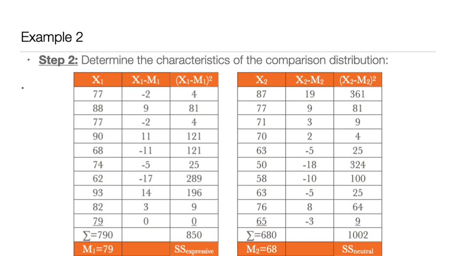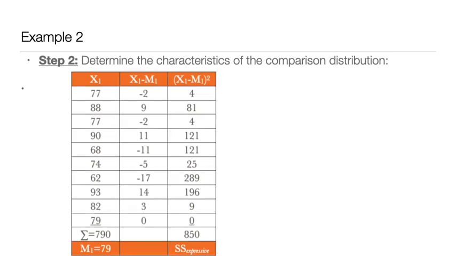Once we have those sums of squared calculated, we can use those to estimate our variance for each sample. Again, this is an independent groups t-test. So first we have to calculate each of these independently. We calculated the sums of squared for expressive independently, and we're going to calculate the variance for expressive independently.